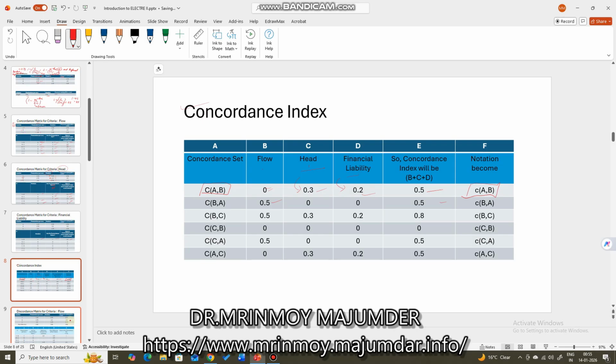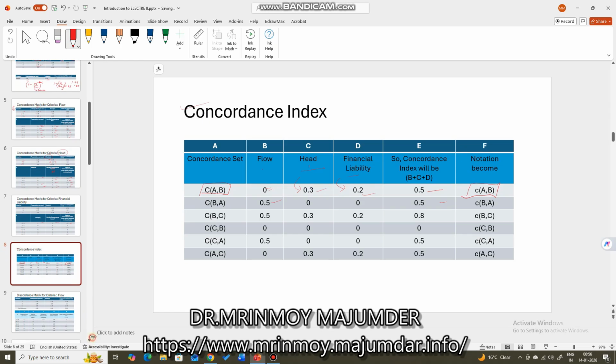In this way, for each pair of alternatives, we get a concordance index. The weightage of the criteria for which an alternative outranks the other alternatives gets included into the concordance index. So this much you must remember.